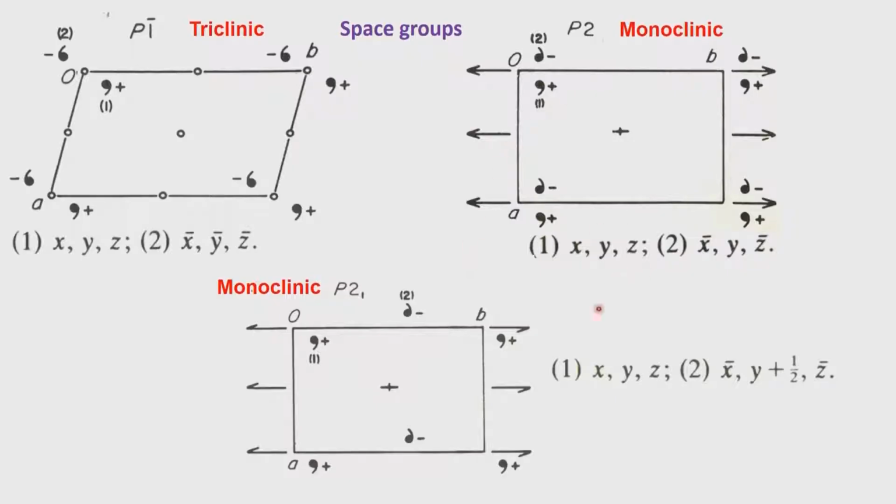If there is an object which is in P2-1, then there will not be any special position, because the translation associated will destroy the possibility of having a special position. That means we cannot have this object, because this particular object cannot have a two-fold rotation followed by half translation within the rotation axis. That means if it is here and it goes there, you still have the 2-1 operation possible, but then the chances of such objects being in the P2-1 symmetry are very little.